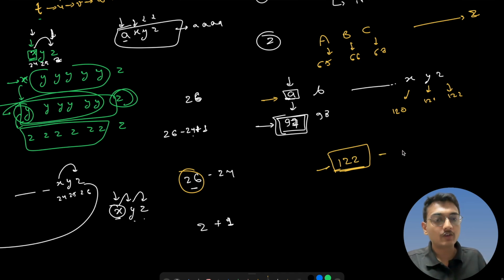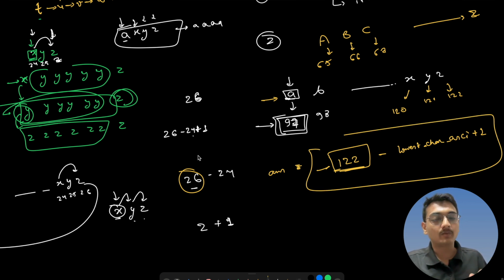So 122 minus the lowest character's ASCII, I will subtract, and do a plus one here, and that will be my answer. That's all. This will eventually give me how many jumps I would require to convert all characters to A. I hope this is clear.